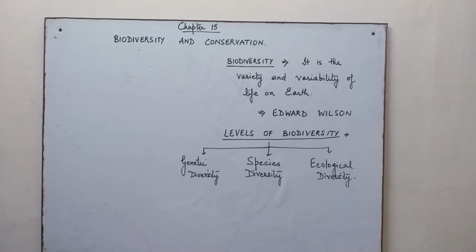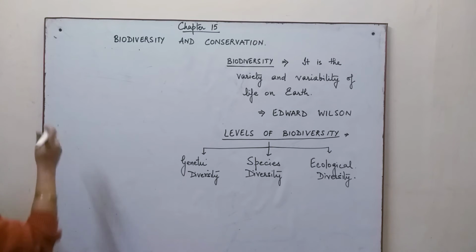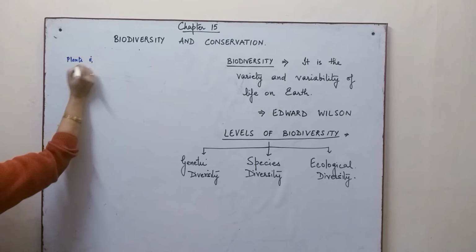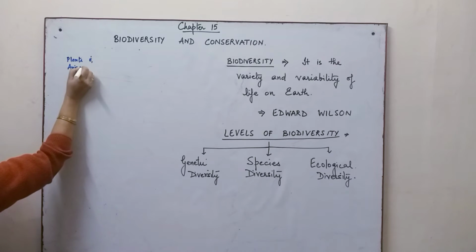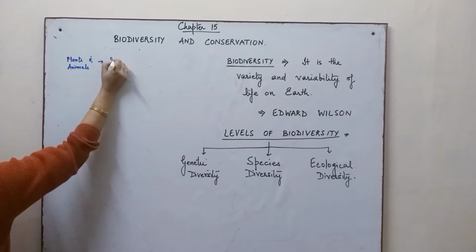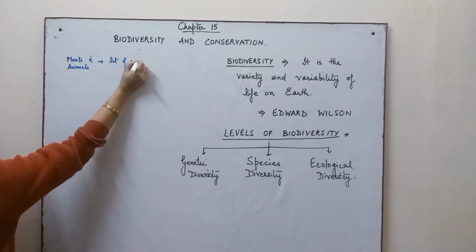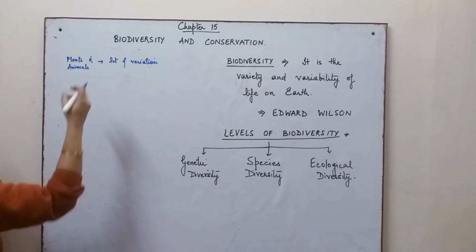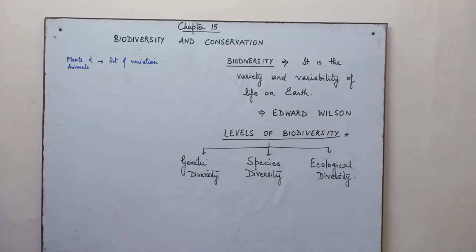Also, the size varies, ranging from very small insects like ants to large animals like elephants and giraffe. So when we talk of plants and animals, we find that there is a lot of variation, and this variation ranges in shape, size, color, etc.